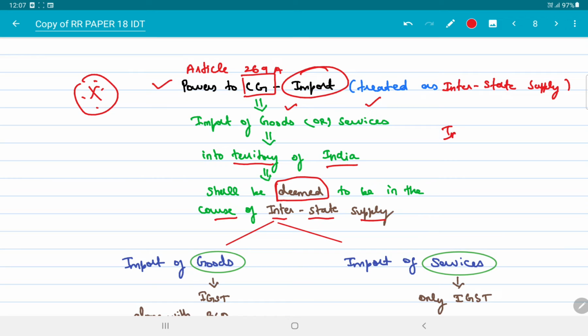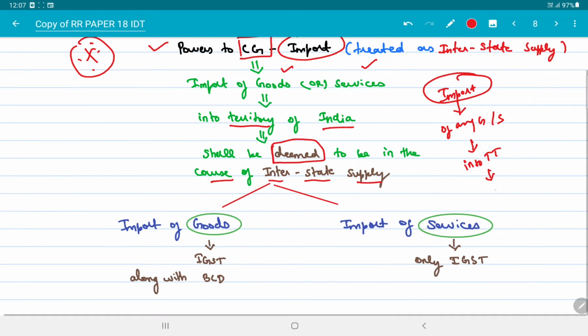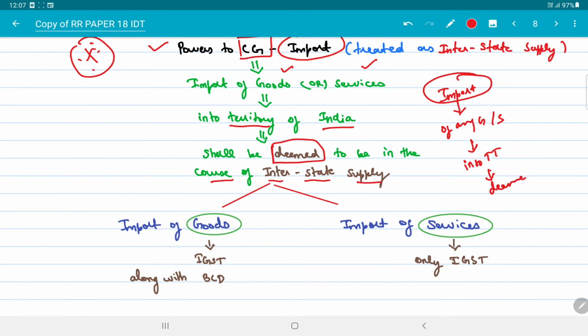So if there is any import of any goods or services into the territory of India or taxable territory, it shall be deemed to be interstate supply.